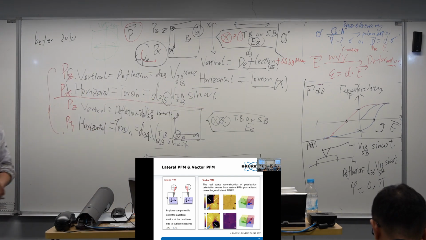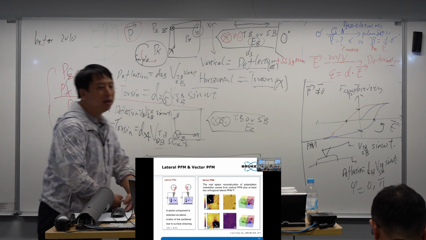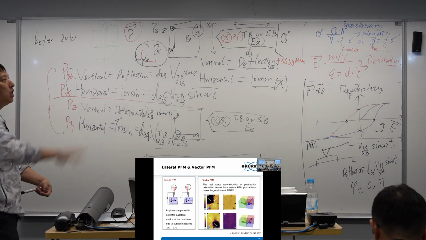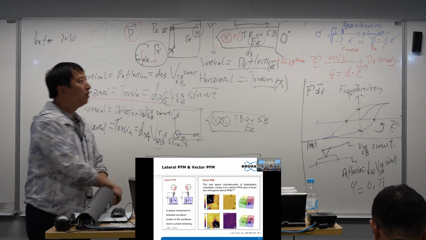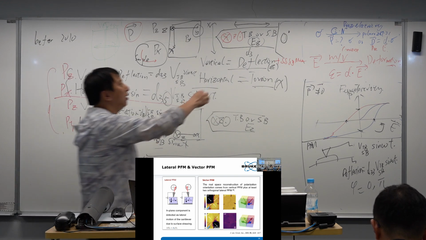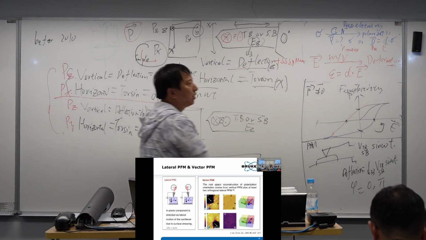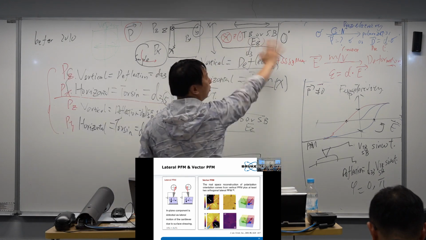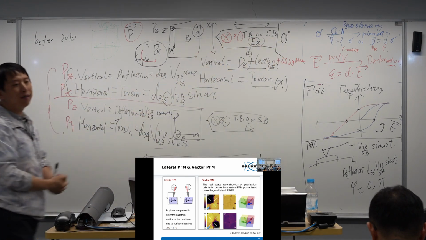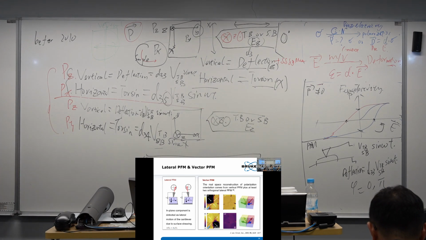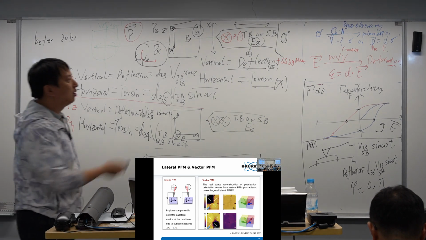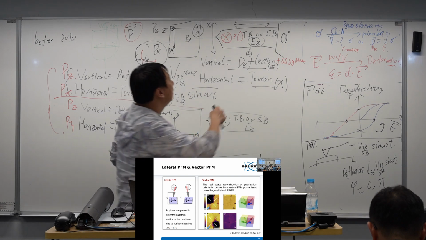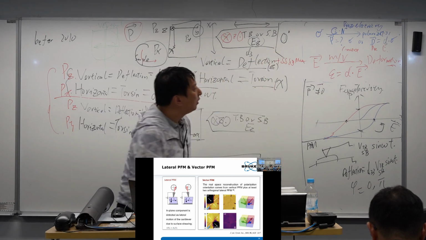There are many other AFMs. You can also use the same theory. The PFM theory is always the same, but they may have different definitions. So don't just remember 0 degree scan. We make sure the scan is parallel to the cantilever. That's good enough. So in other AFMs, you can change it accordingly. But in Bruker, it's 0 degree.